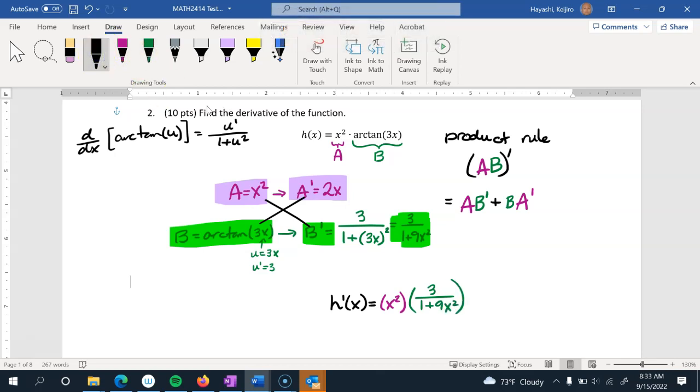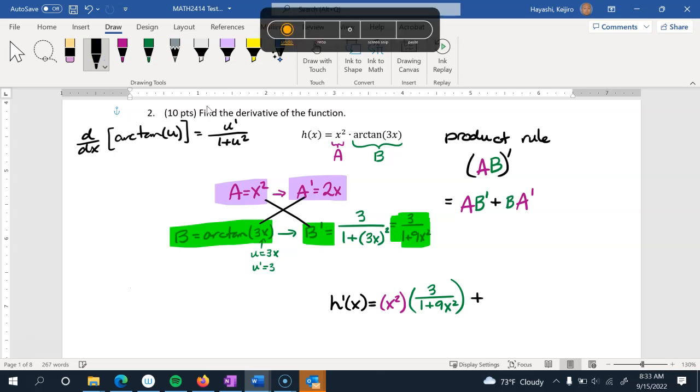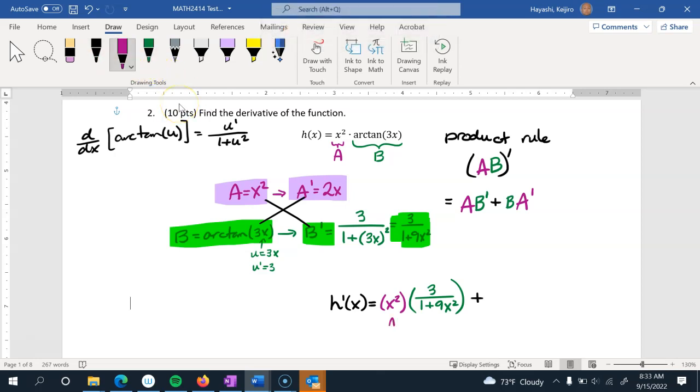Plus, okay, so this is a, and this is b prime, plus b, which is arctan of 3x, times a prime, and a prime is 2x.